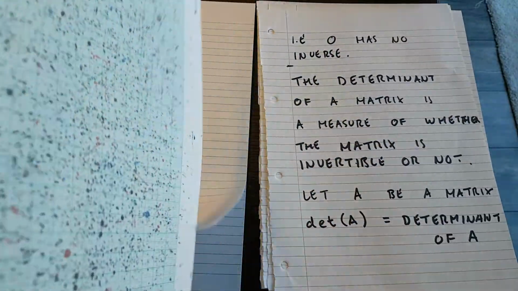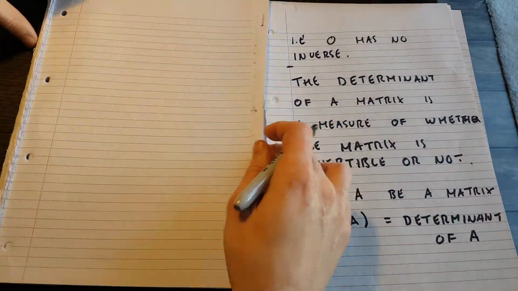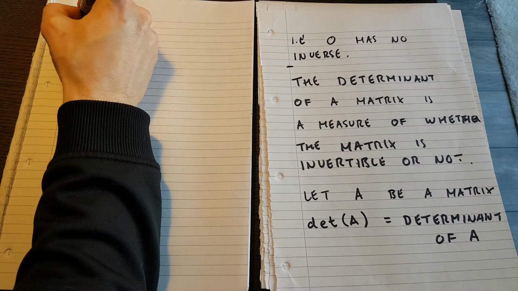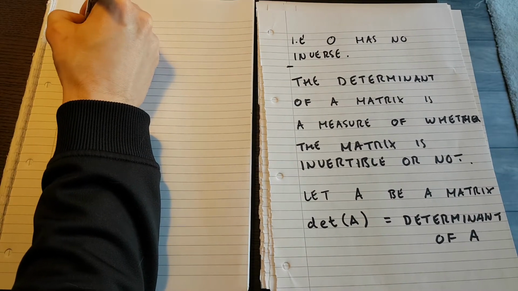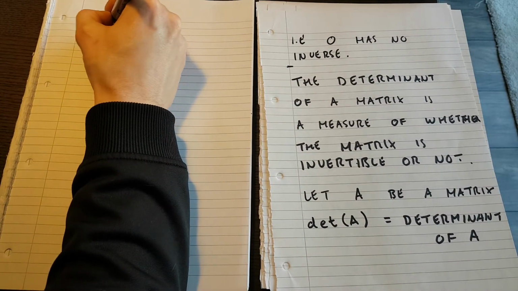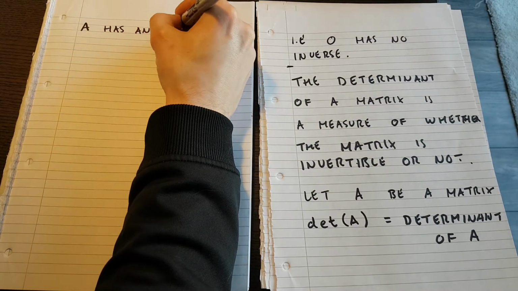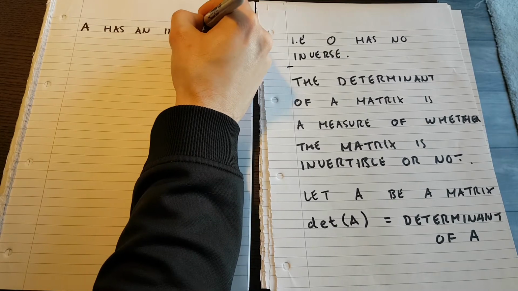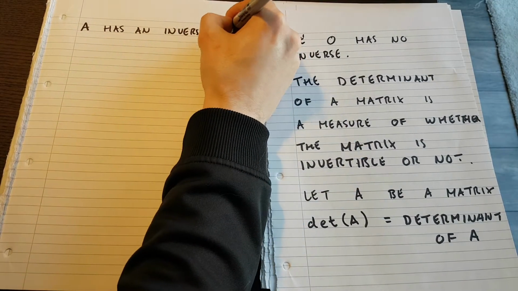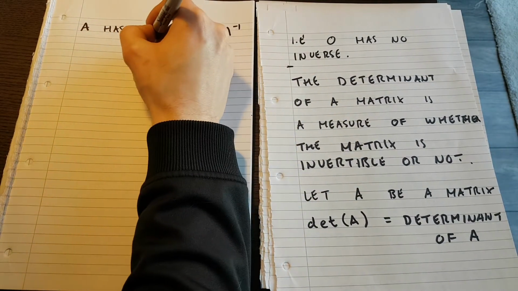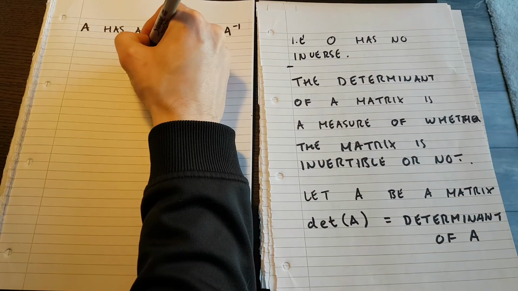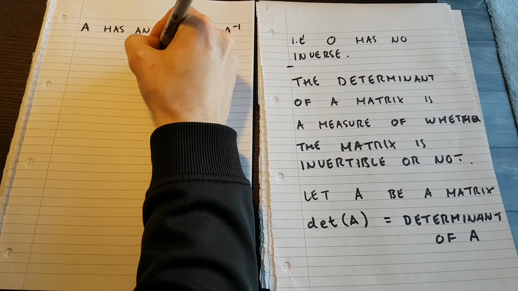A has an inverse if and only if, so these arrows go both ways.